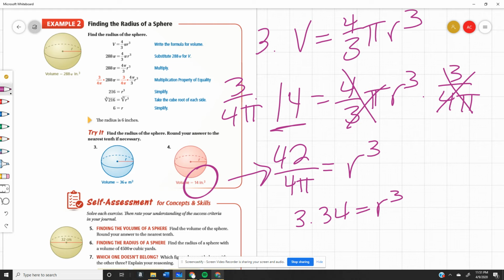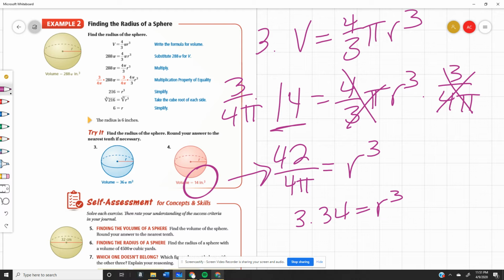And I'm trying to find on this calculator if it has, I swear I did this the other day and found a cube root function. Maybe not. Let me try something.